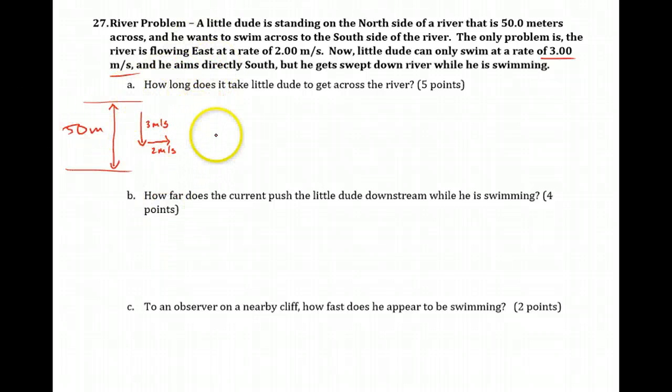So we need to find the time that he is going to take. So we know that speed equals distance over time. We could simplify this or solve for time beforehand.